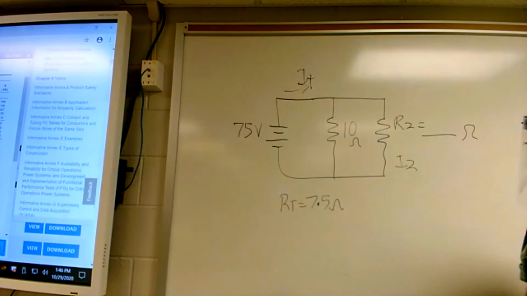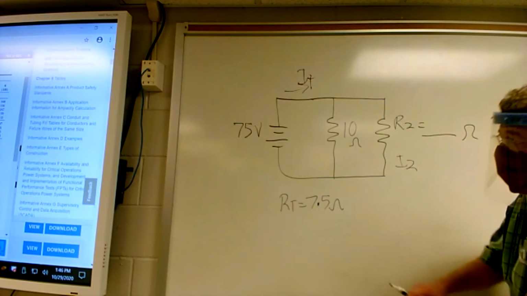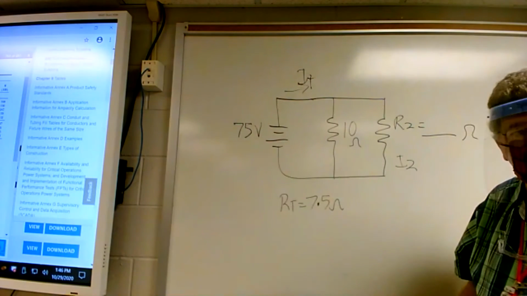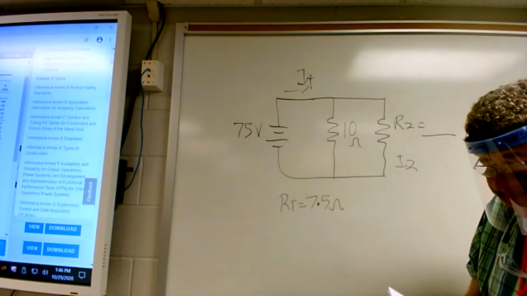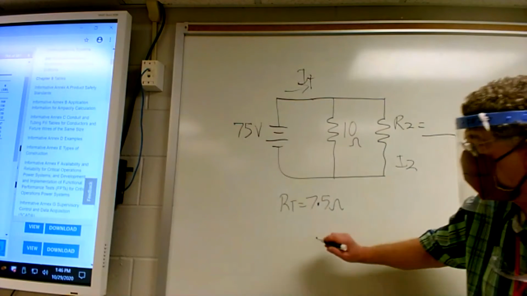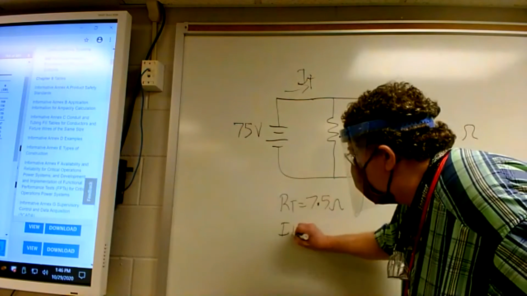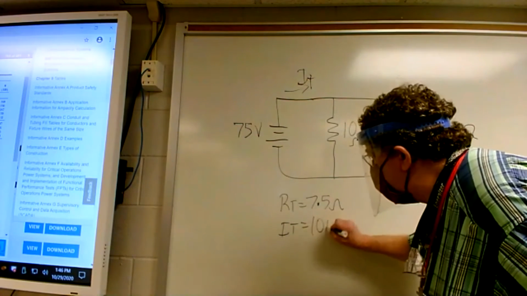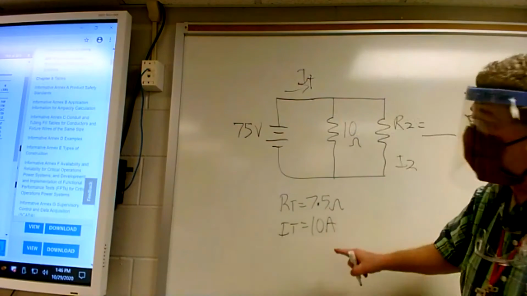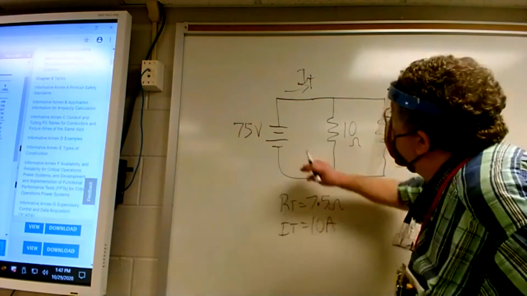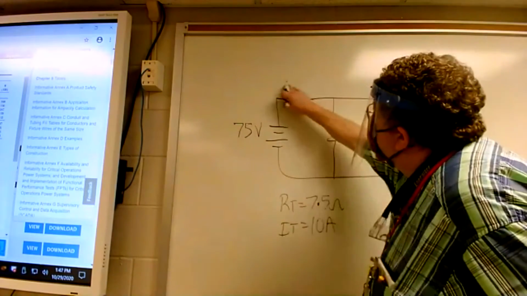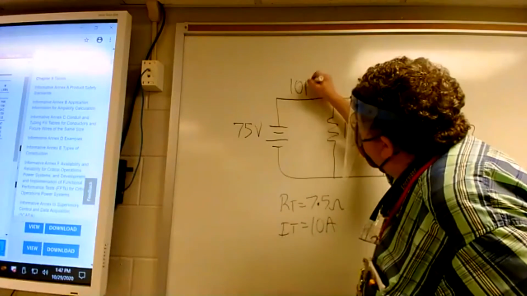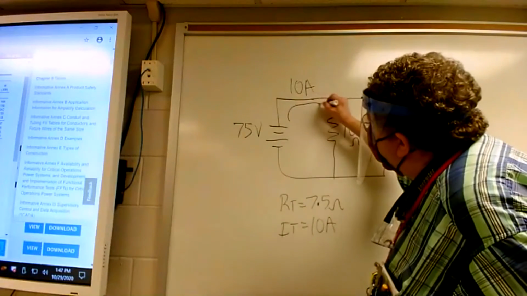You would start out with the information that you have. What did you get for I total? 10. E over R. I total is 10 amps. Let's put a number in place up here. You have 10 amps flowing from the battery this way, right?